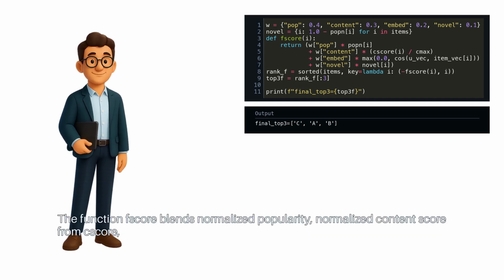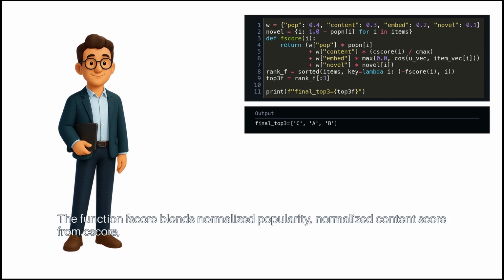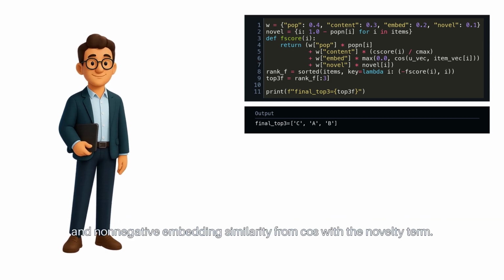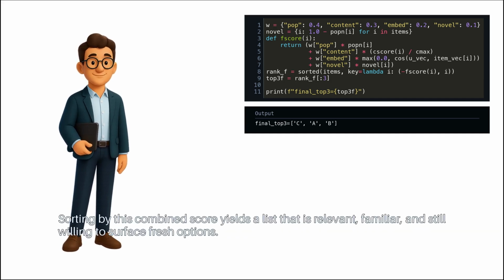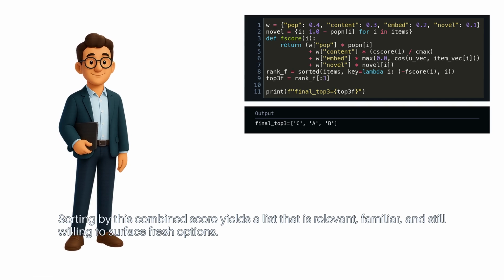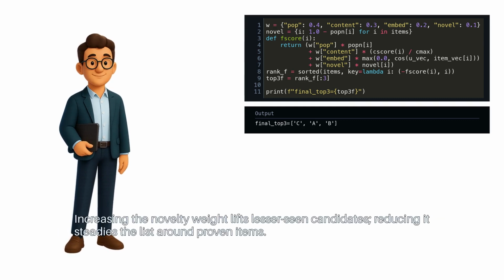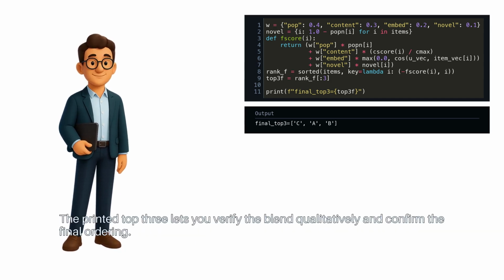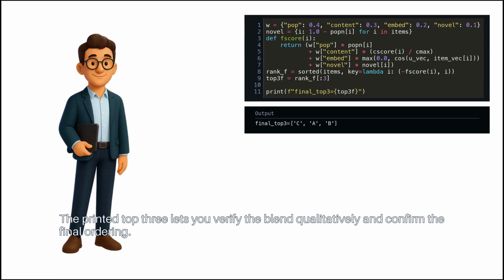The function fscore blends normalized popularity, normalized content score from cscore, and non-negative embedding similarity from cos with the novelty term. Sorting by this combined score yields a list that is relevant, familiar, and still willing to surface fresh options. Increasing the novelty weight lifts lesser-seen candidates. Reducing it steadies the list around proven items. The printed top 3 lets you verify the blend qualitatively and confirm the final ordering.